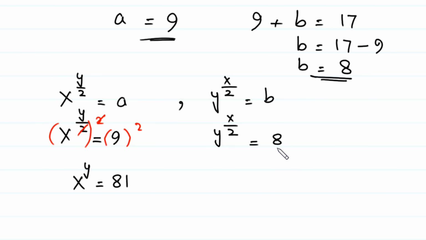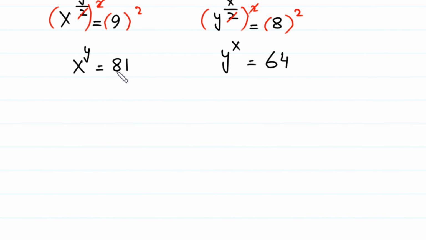Now we take square on both sides. This 2 will be cancelled with this 2, and here left y to the power x is equal to square of 8 is 64.